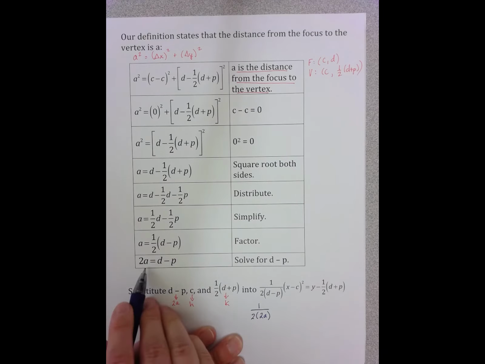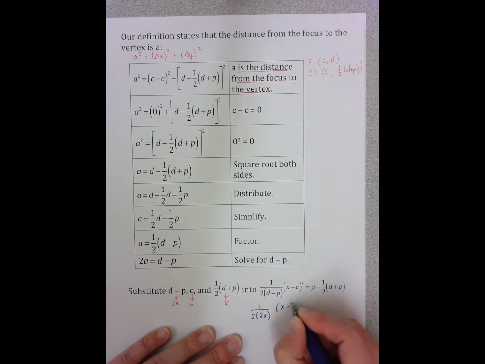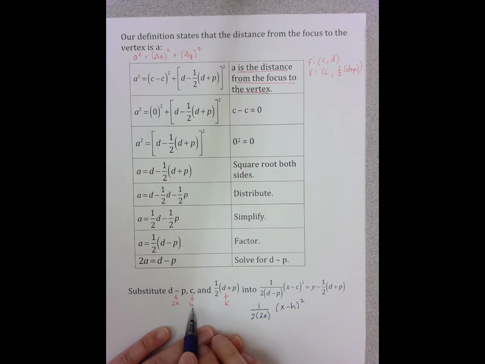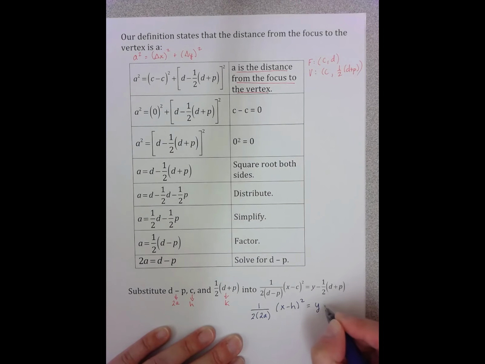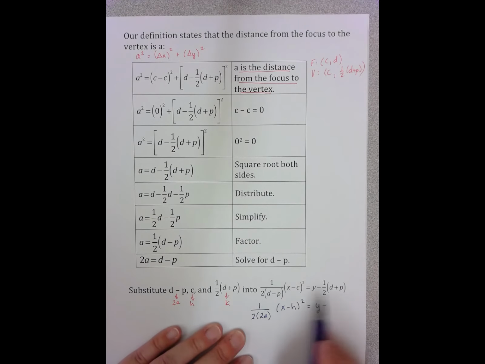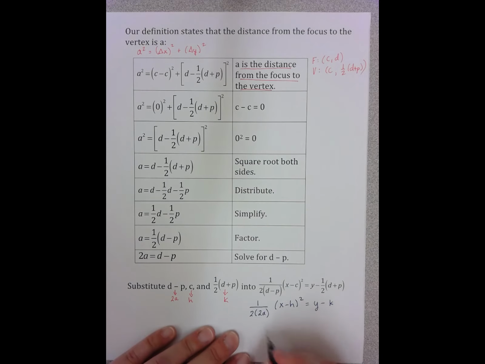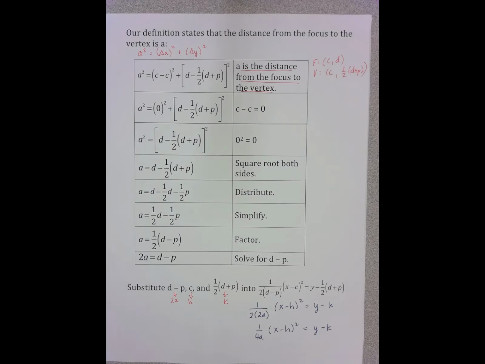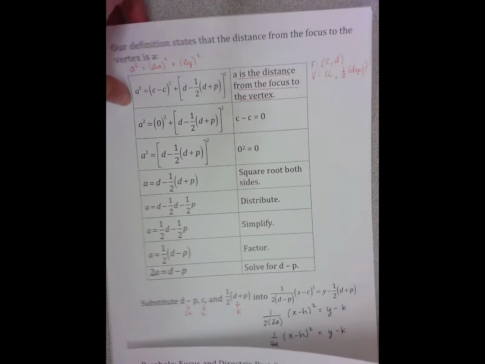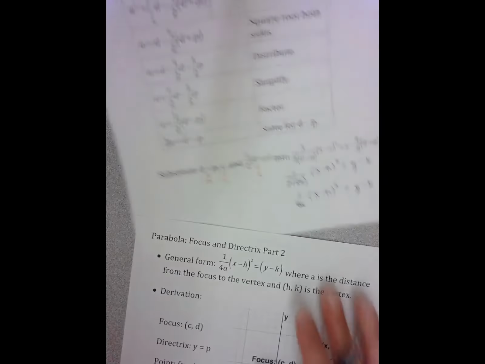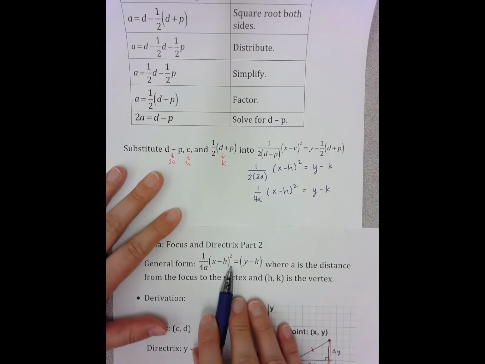That's what we found up here. x minus h, our c and h are the same, equals y minus our 1/2 times d plus p, which is the k. And now the only thing I have to do is simplify this last part. 1 over 4a, x minus h squared equals y minus k.